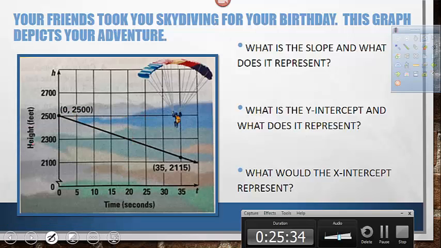So I'm going to use the slope formula, first identifying what your x and y values are for each one of these points. So we have y minus a y value over x minus an x value. You guys hopefully remember this from Algebra 1.